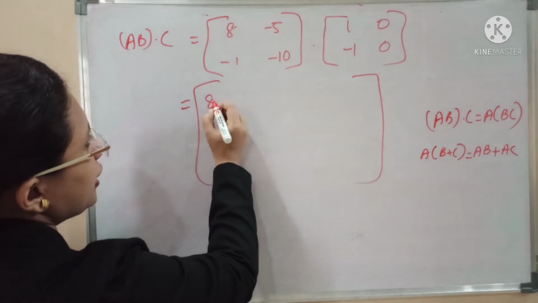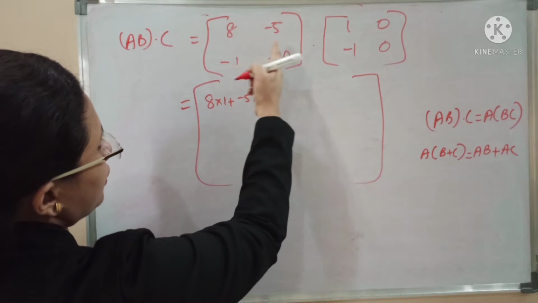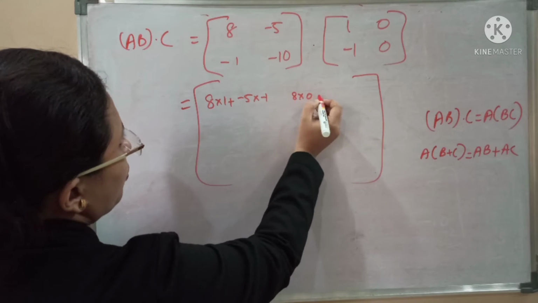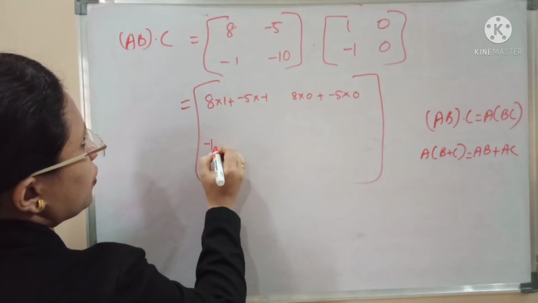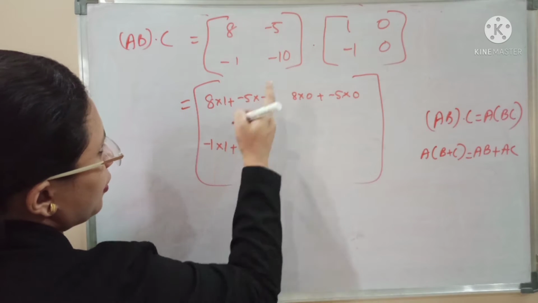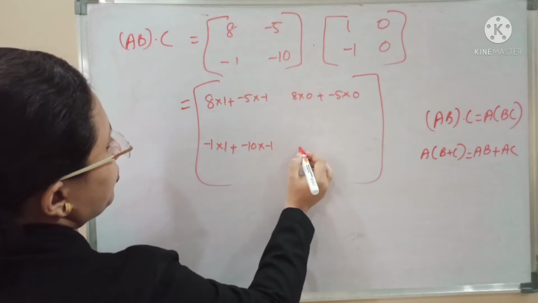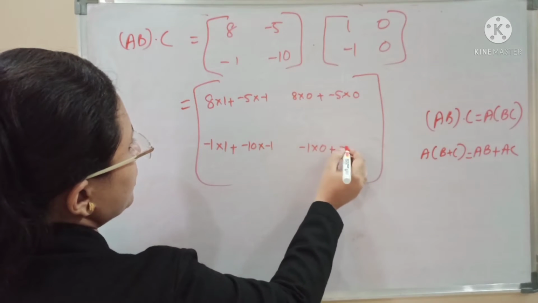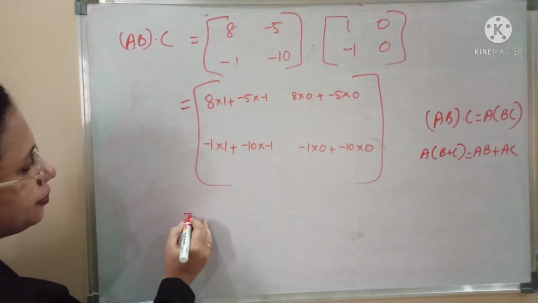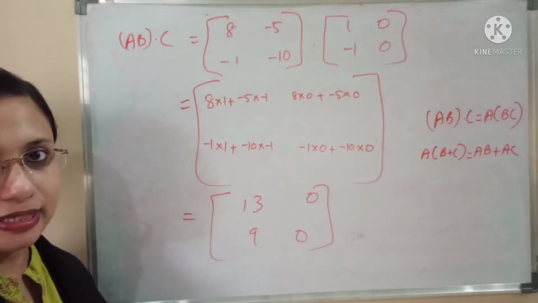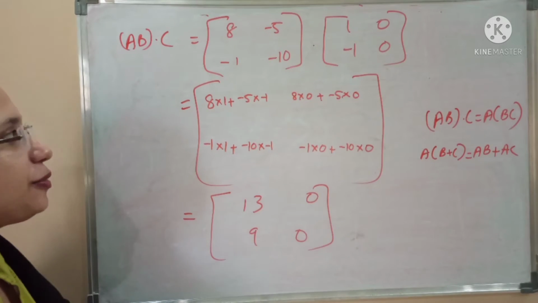Going to be 8 into 1 plus minus 5 into minus 1. 8 into 0 plus minus 5 into 0. Minus 1 into 1 plus minus 10 into minus 1. Minus 1 into 0 plus minus 10 into 0. Okay, AB into C is 13, 0, 9, 0. Okay, clear?